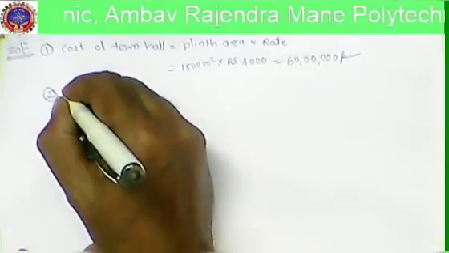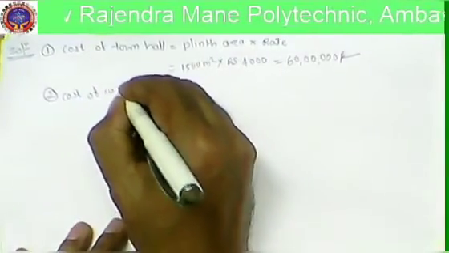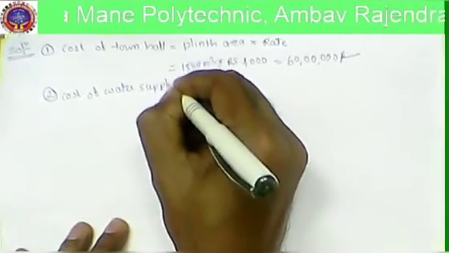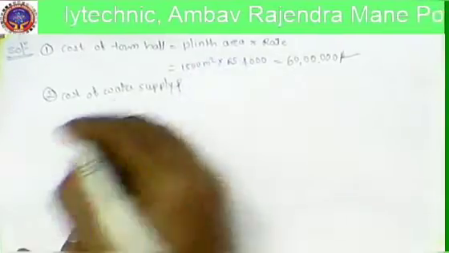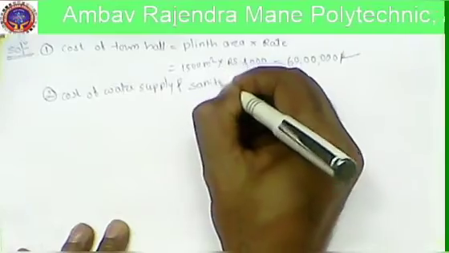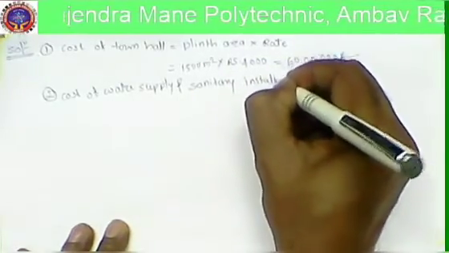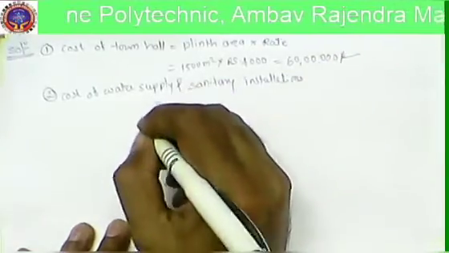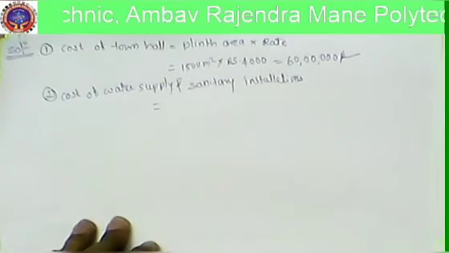Now second is water supply and sanitary installation. Cost of water supply and sanitary installation is equal to, it is given 5% of total cost of building.